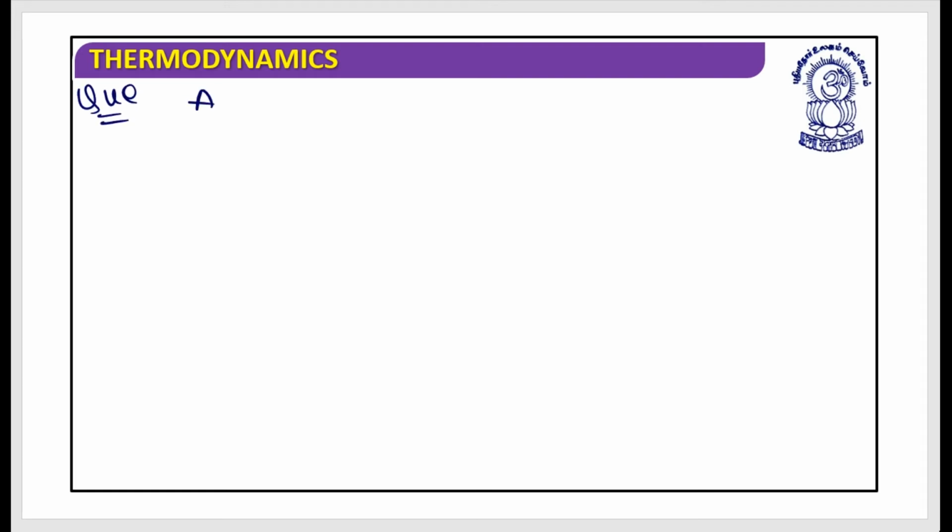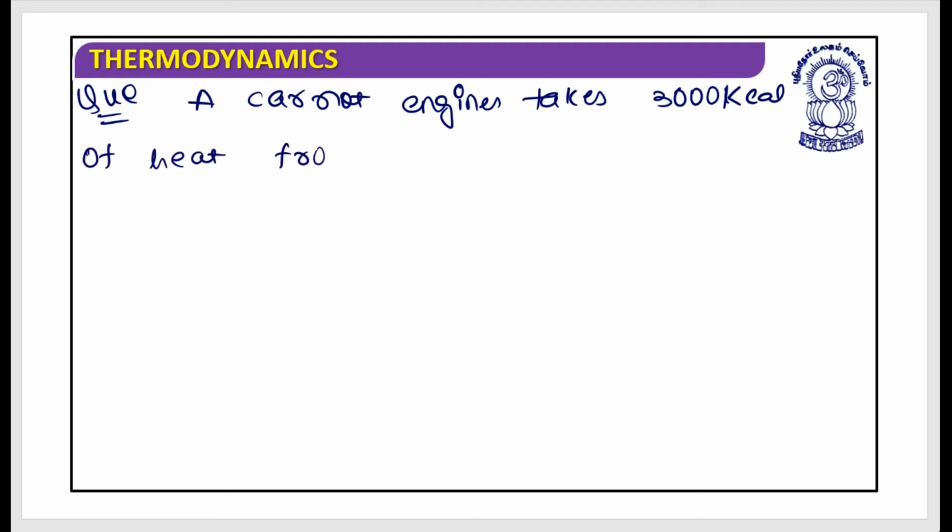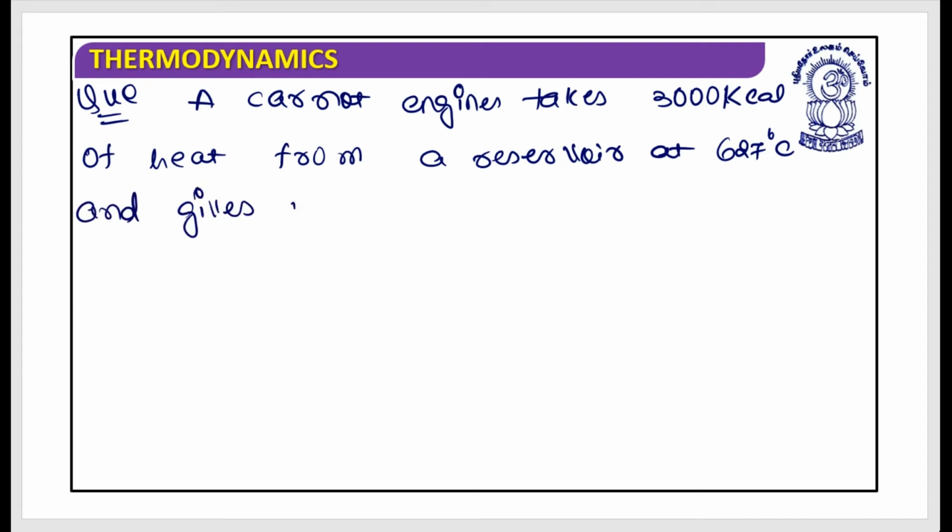It says that a Carnot engine takes 3000 kilocalorie of heat from a reservoir at 627 degrees Celsius and gives it to a sink at 27 degrees Celsius.